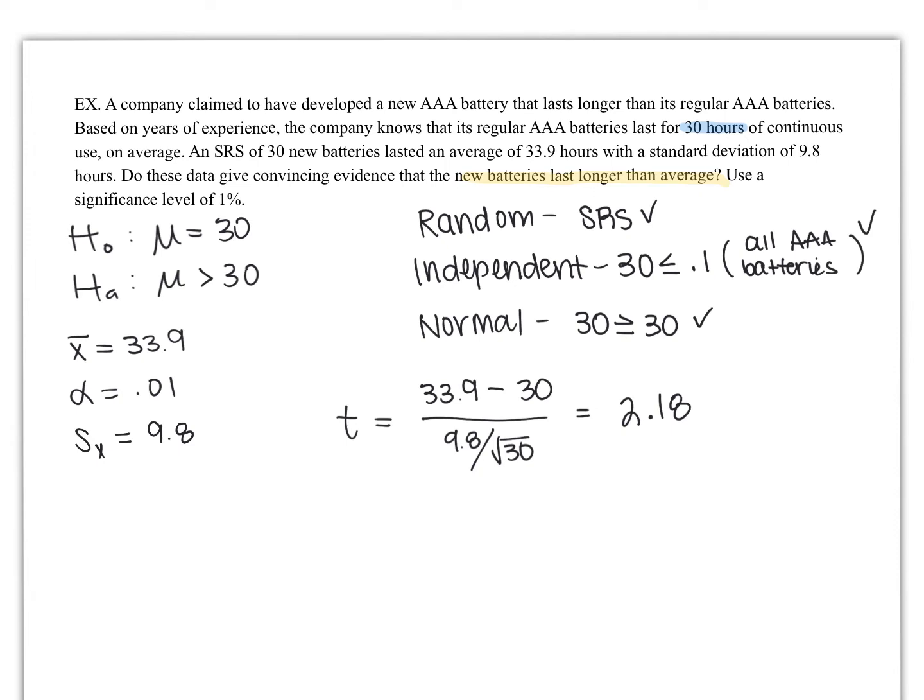So now to find my p-value, I'm going to go to tcdf. Because my test statistic is positive and my alternative is greater than, my lower bound is going to be 2.18. My upper bound is going to be the 9s. And my degrees of freedom is my sample size minus 1, which is 30, so my degrees of freedom is 29.